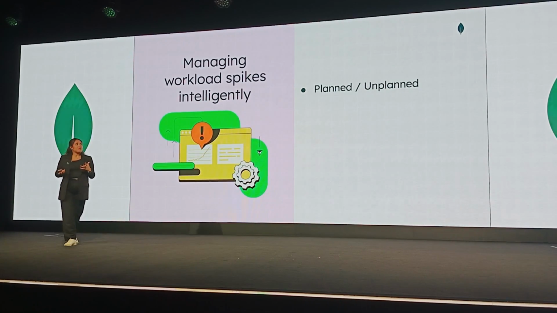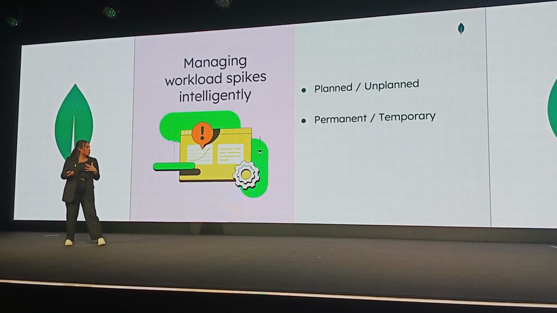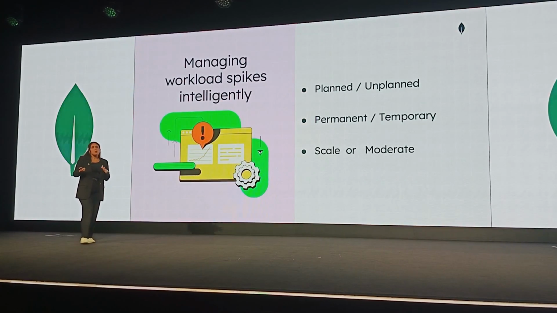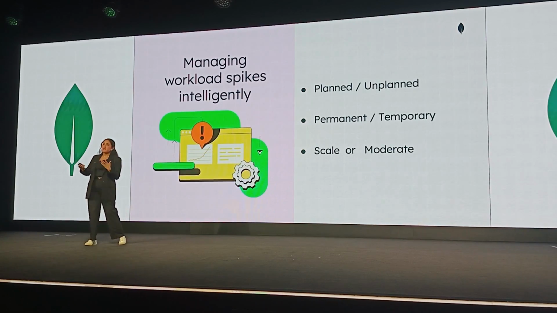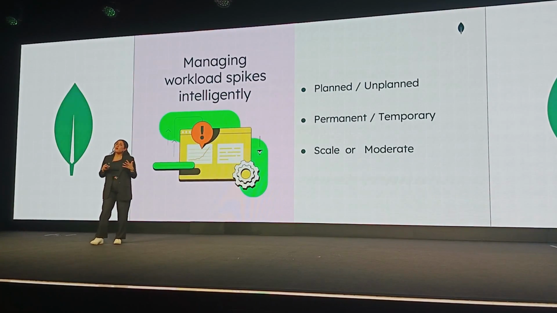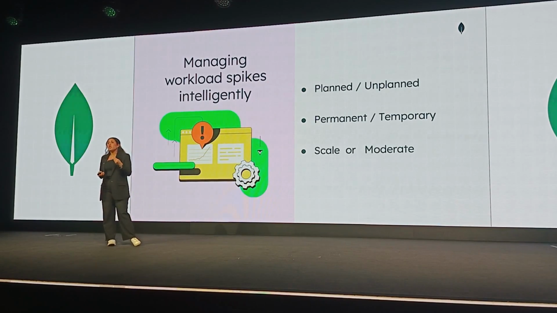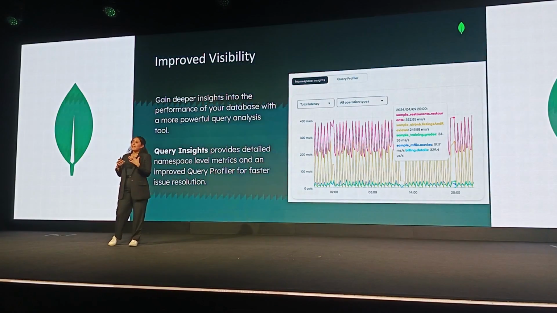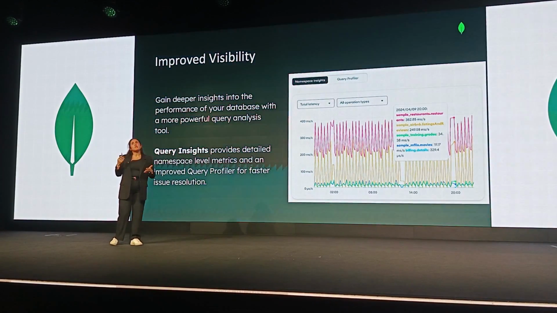So now you're getting spikes. These spikes can be either permanent or temporary. There are two solutions. You can either scale the cluster, which is sometimes necessary, but you can also moderate your workload. What does this mean? It means we made available certain tools that let you be proactive and solve that issue before it happens.